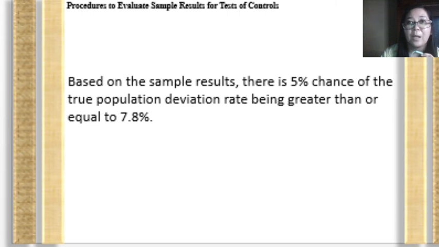But again, for the proper order, the auditor should first determine the sample size, and then from there he will evaluate the items from the samples using appropriate audit procedures, and then he will calculate those different deviation rates, to provide him the basis in forming his audit opinion.